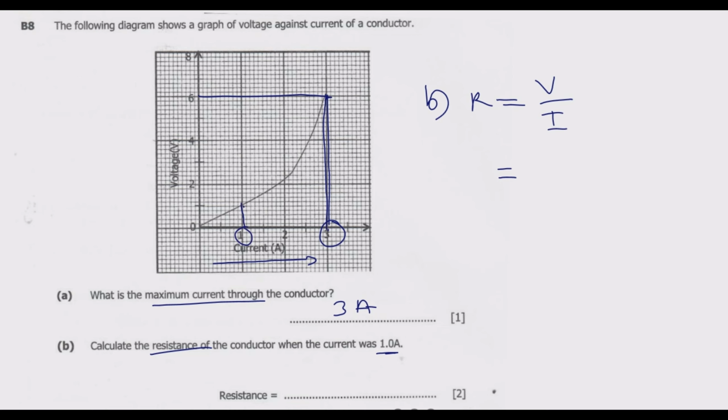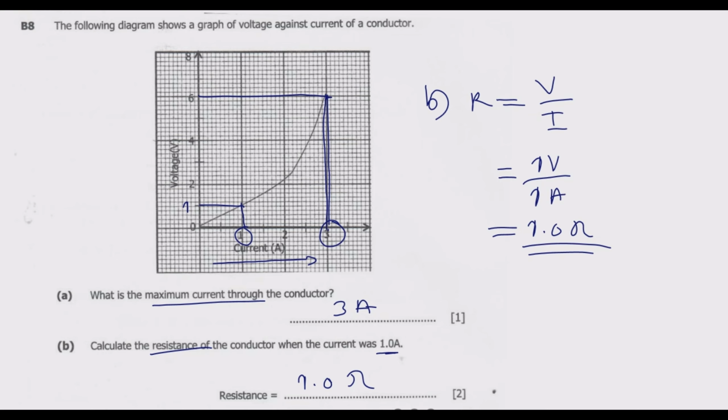We come here, then we check here, this is the middle of 0 and 2, so this should be 1. So we have 1 volt divided by 1 amp, and we end up with 1.0 ohms as the resistance.